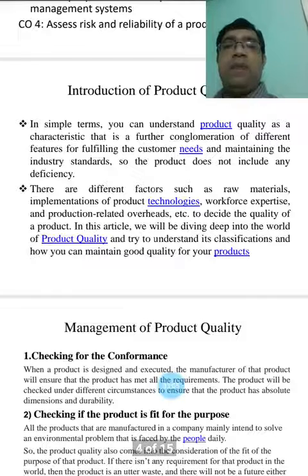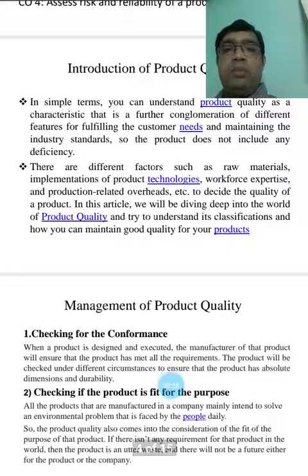There are different factors on which product quality depends, such as raw materials. If your raw materials are not good, then your product cannot be produced in good quality. For this, raw materials are very important regarding product quality. Then there is the implementation of product technologies.